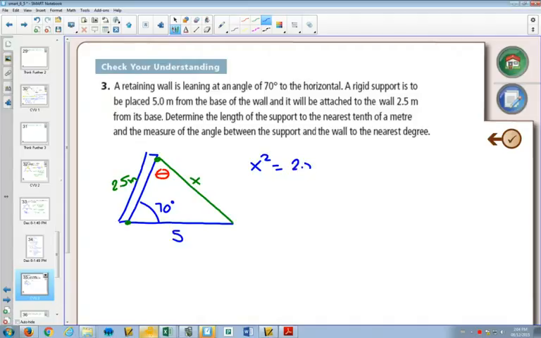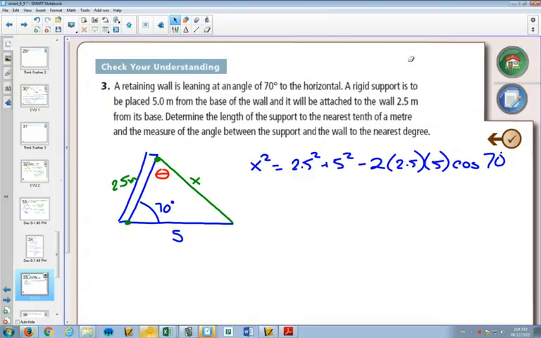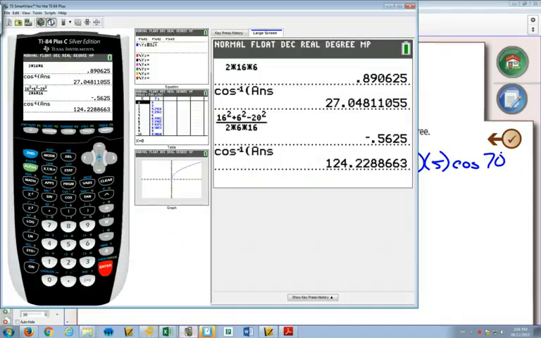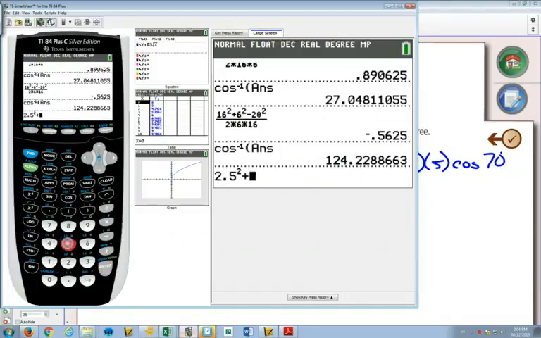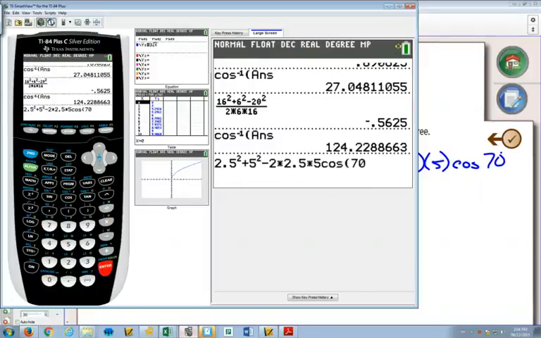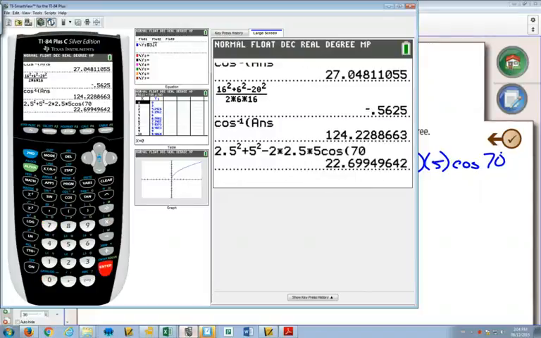We'll have 2.5 squared plus 5 squared minus 2 times 2.5 times 5 cos of 70 degrees. And we can type that all in at once. 2.5 squared plus 5 squared minus 2 times 2.5 times 5 cos 70, 22.69.